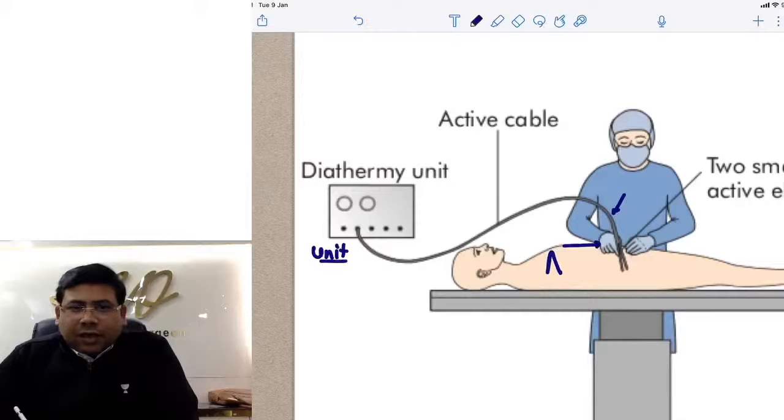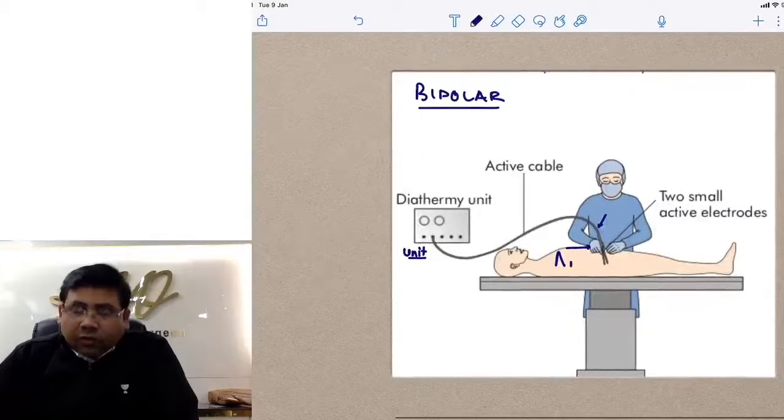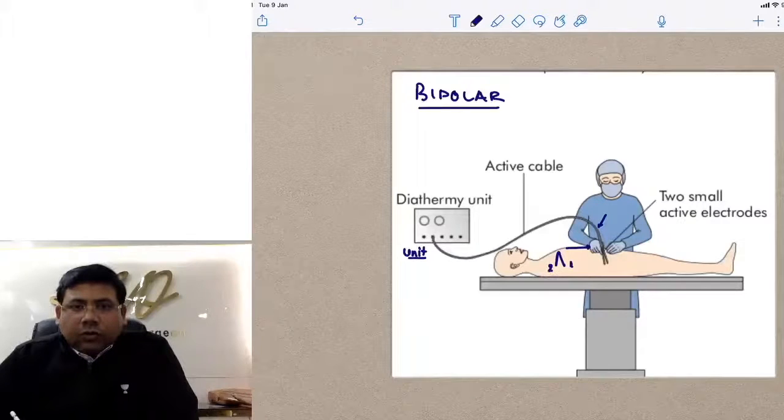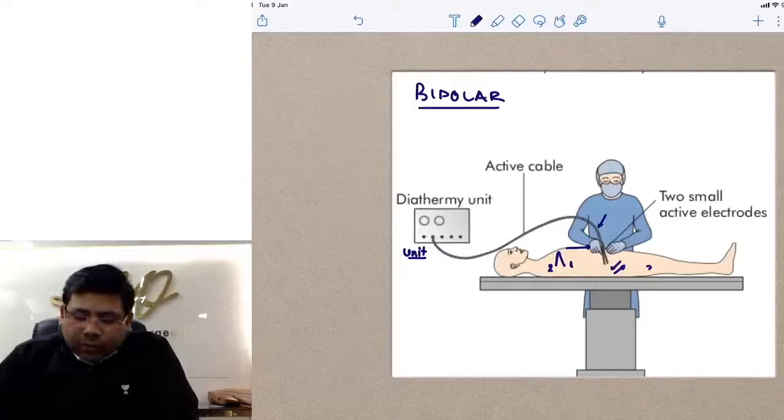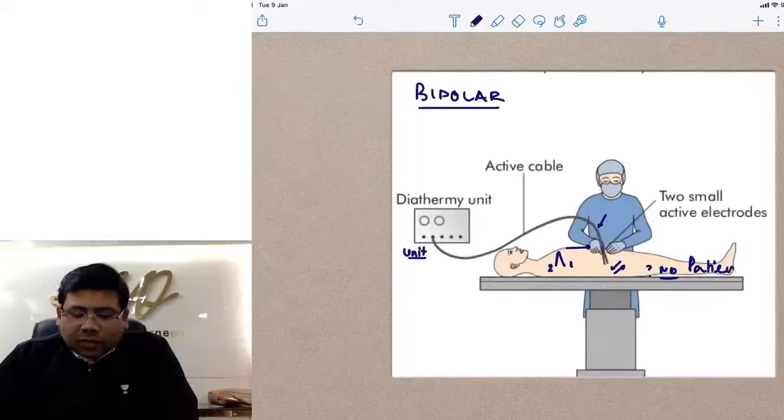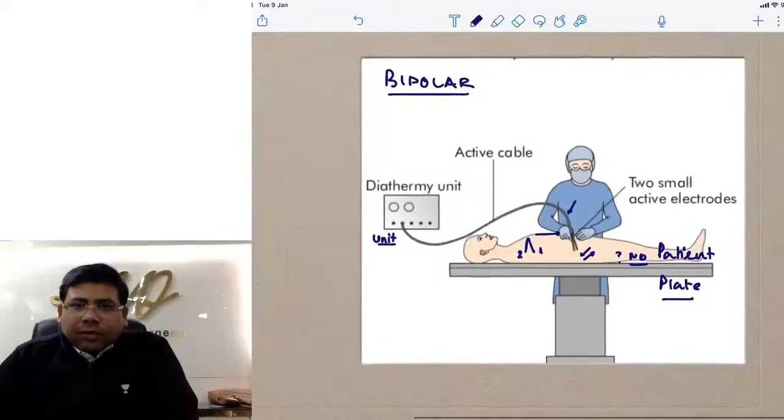Both the electrodes are in the hand of the operating consultant. Electrode number 1 also, electrode number 2 also. There is no patient plate. Therefore, this is a bipolar.